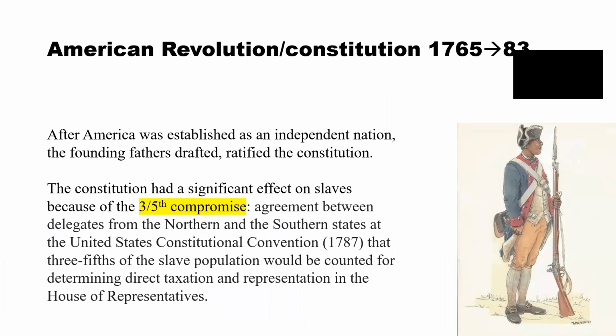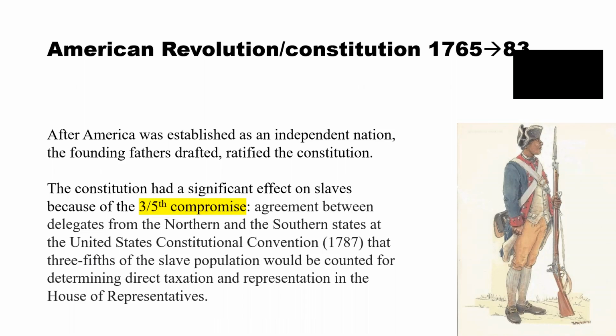So now let's jump into the American Revolution. After America gained independence from Britain as an independent nation, the founding fathers drafted the Constitution. You might ask, why is the Constitution rather important to slaves? That's because within the Constitution, there's the three-fifths compromise.